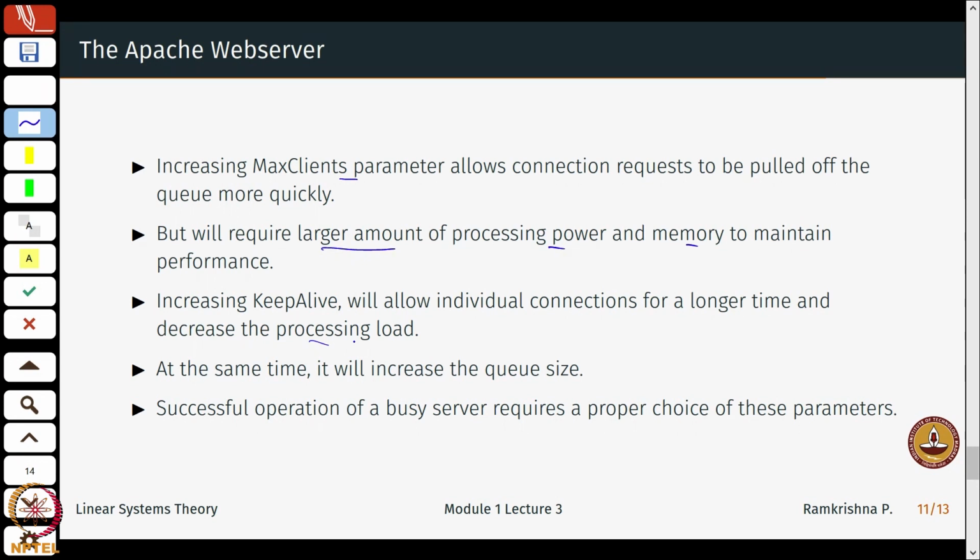But if I am just waiting for a request, the good thing is my resources or my processing load decreases, but at the same time my queue size increases because there are other people waiting for their requests to be processed. Okay. Now, therefore, we need a smart choice of these parameters for successful operation of any web server process.